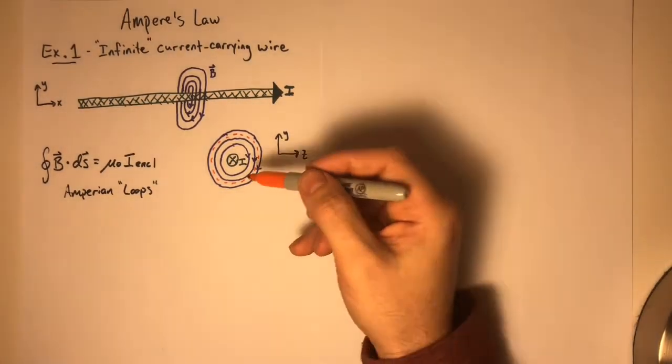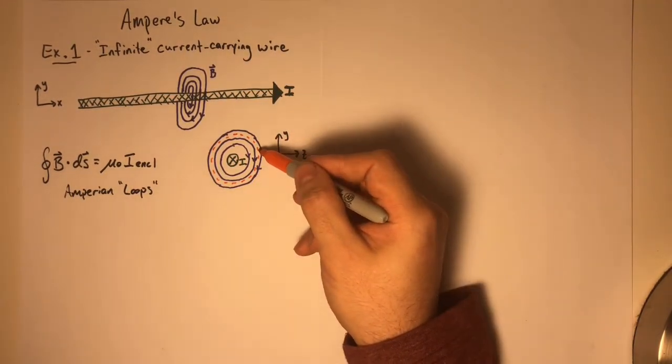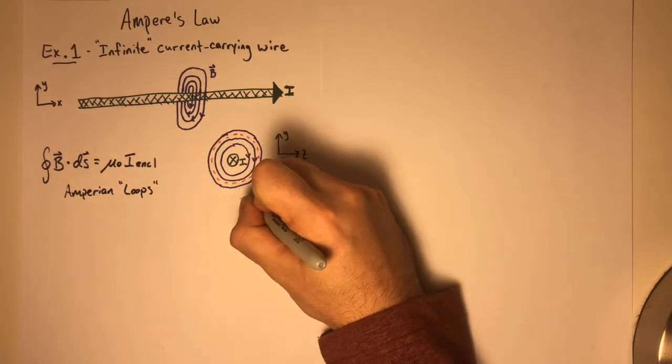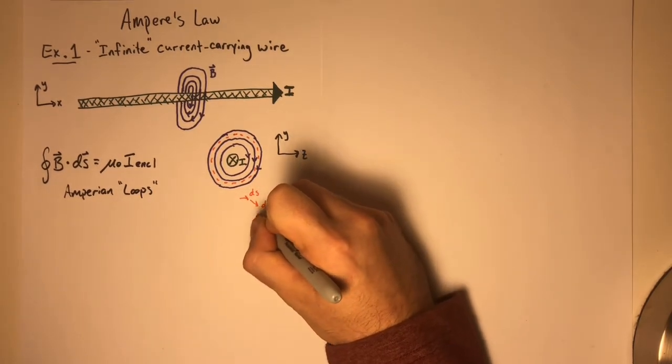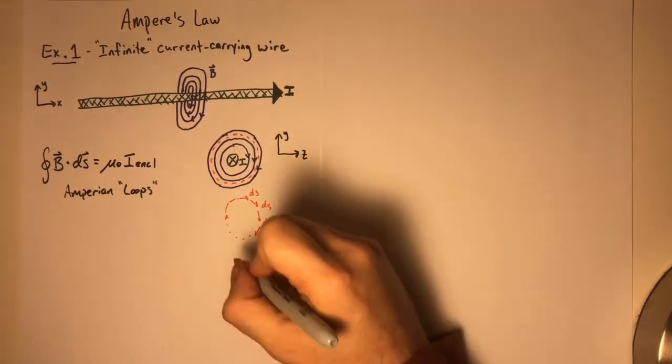The magnetic field moves around in circular loops, so we choose a ds path that will also have that same kind of circular curve to it. If you'd like, you can imagine a bunch of ds vectors all kind of going like this, and ending up in a circle.